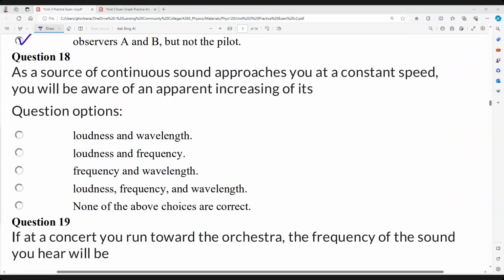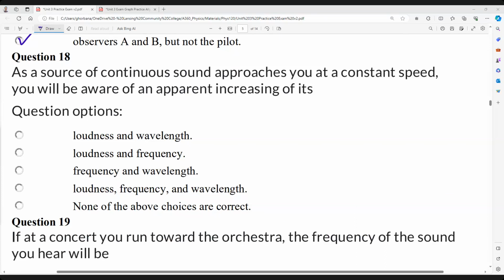And it makes sense. And then what happened to the loudness? You remember the loudness was intensity? What is the intensity? Intensity is power over time. And what is the power, the energy?